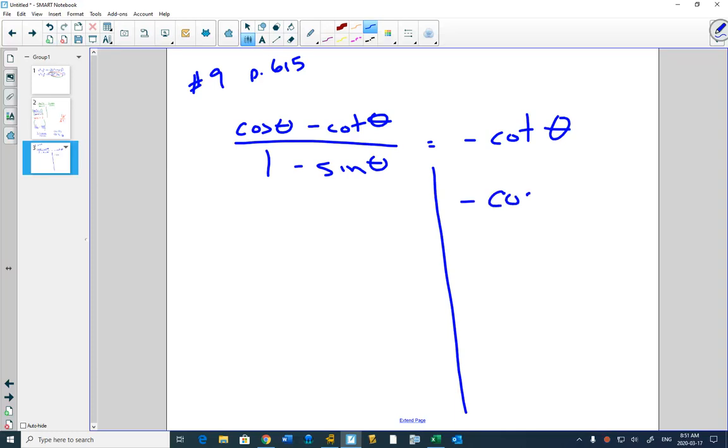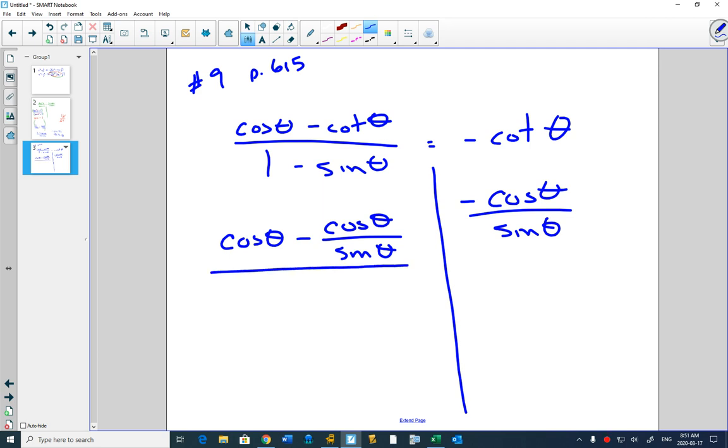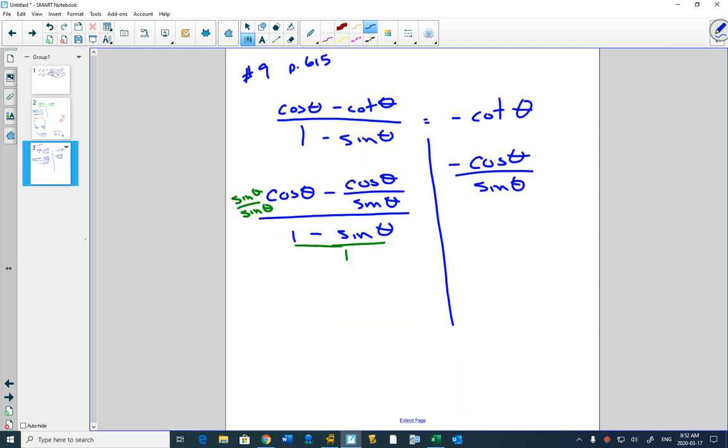So on this side, cotangent is cos theta over sine theta. I've changed everything to sine and cos, and now I need to get a single fraction. In my numerator, I'm going to need to multiply by sine theta over sine theta. In my denominator, I need to recognize that this is already over 1, so I do have a single fraction in my denominator.